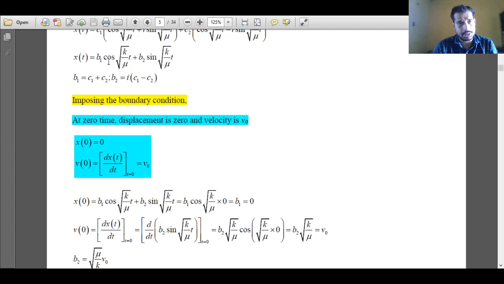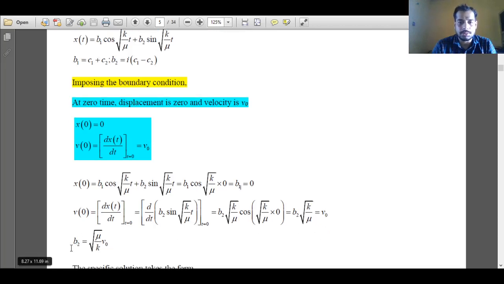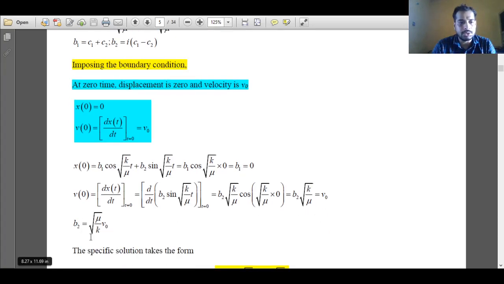I am left with only b2 sin(√(k/μ) t). The derivative gives b2 √(k/μ) cos(√(k/μ) t), since the derivative of sin theta is cos theta. Substituting t equal to 0, I get cos 0, which is 1. So b2 √(k/μ) is equal to v0, because the second boundary condition says the velocity at zero time is v0. Rearranging, b2 is equal to √(μ/k) v0.